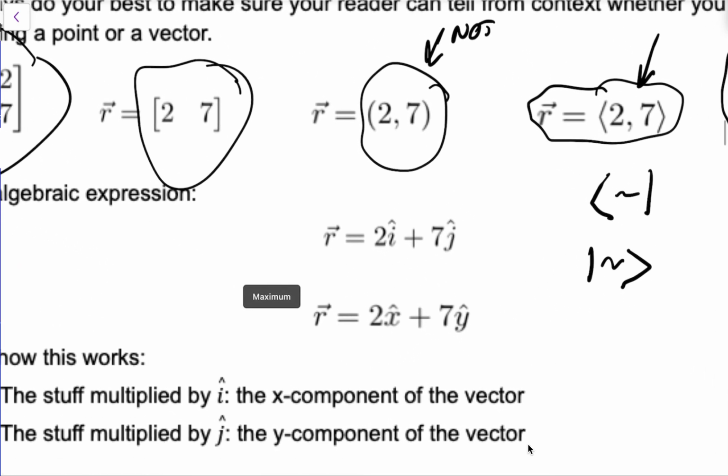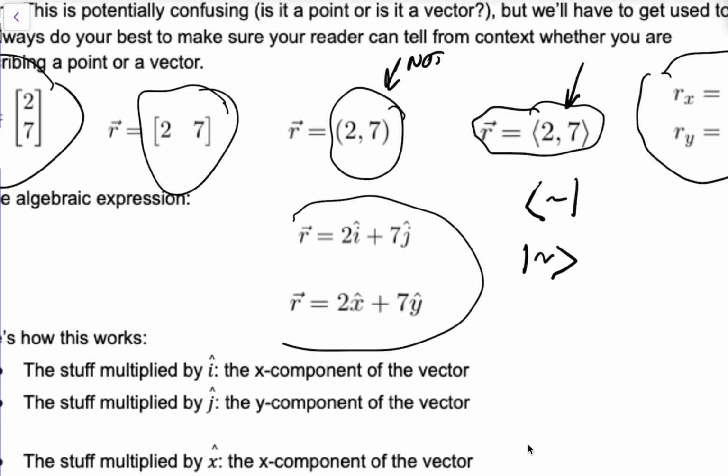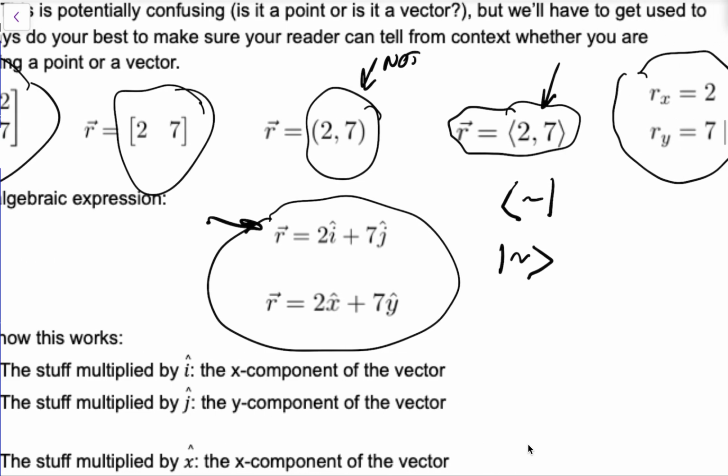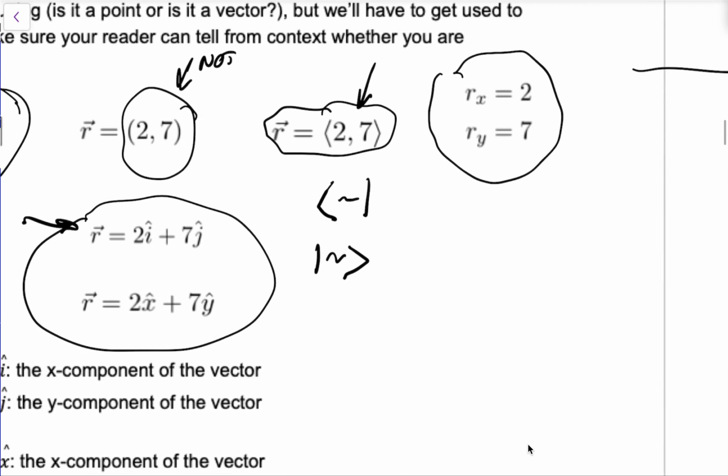I really like this sort of notation here, specifically the first one, where we say that the i hat vector is a unit vector, meaning that it has length 1, in the positive x direction.